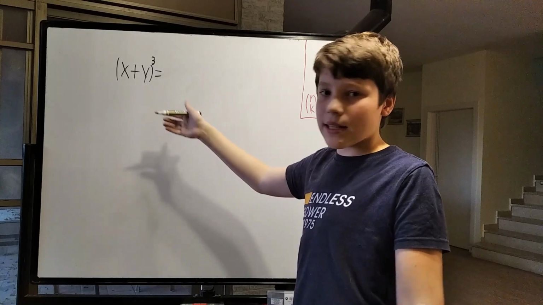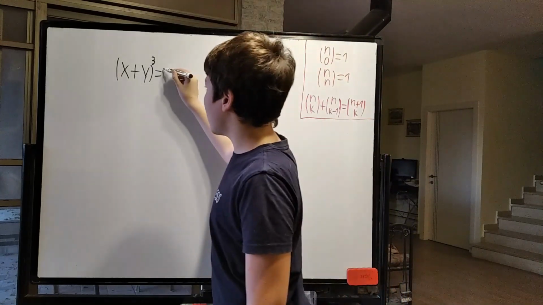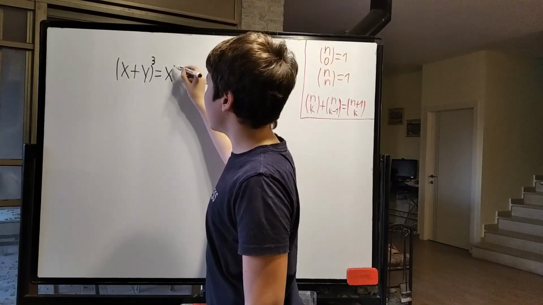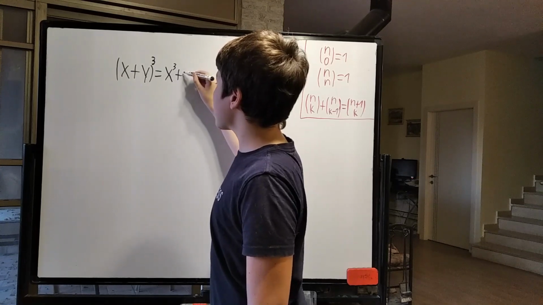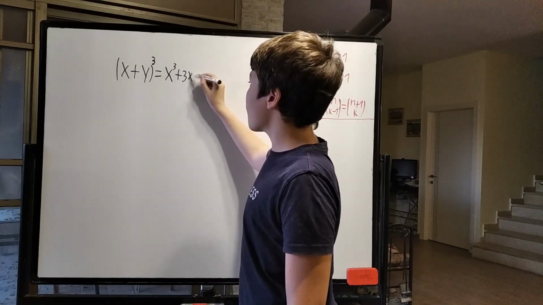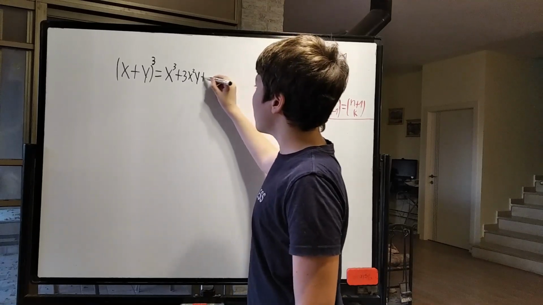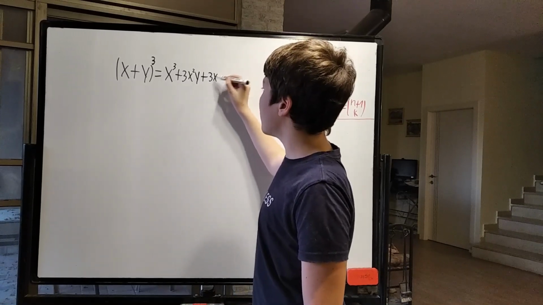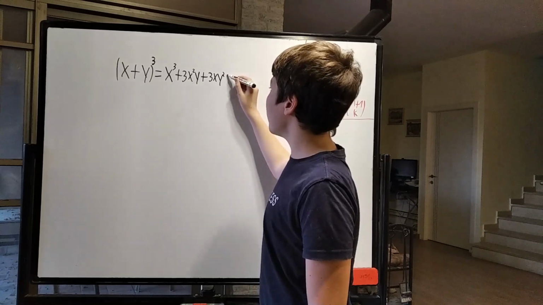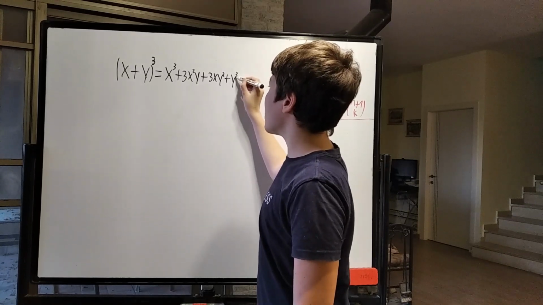Well, what do you get after expanding this out? Well, the formula is x cubed plus 3x squared y plus 3xy squared plus y cubed.